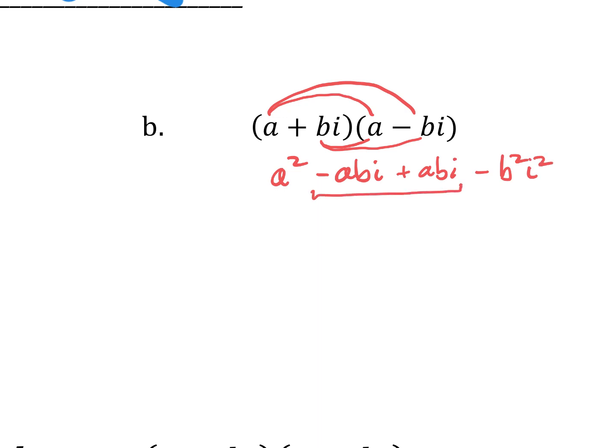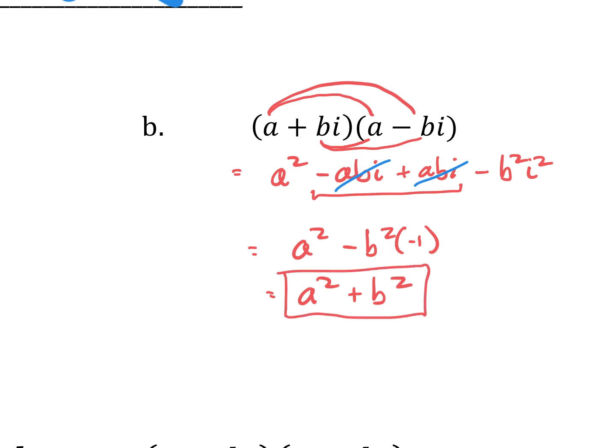And what happens to the abi's in the middle? They go away. And that leaves us with a squared minus b squared times i squared. But I'll write the i squared as negative 1, which is a squared plus b squared. And we're done. Now, a and b represent real numbers.